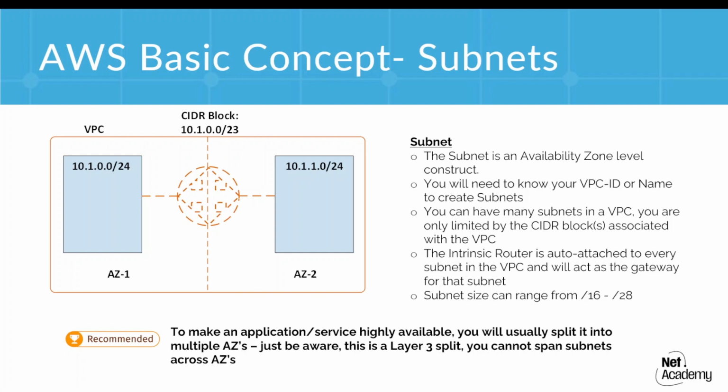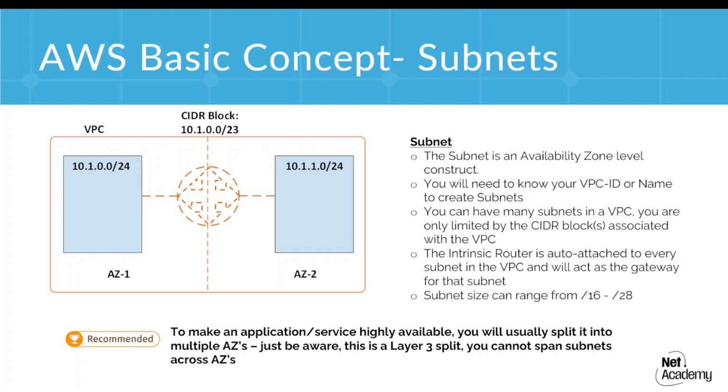AWS is going to reserve the first 3 IP addresses in any subnet, right? What those are varies based on the subnet that you're picking. But in our example here, that means 10.1.0.1, 2, and 3 are reserved, okay? And .1 is reserved for the gateway.